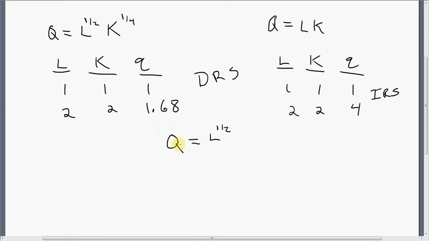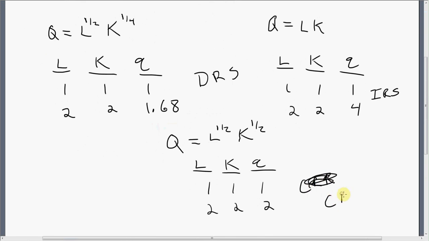The quantity of output Q equals the square root of L times the square root of K, capital. 1 and 1 gets us 1 unit of output. 2 and 2 gets us 2 units of output. Constant returns to scale. Oops, CRS. So that's it for returns to scale.